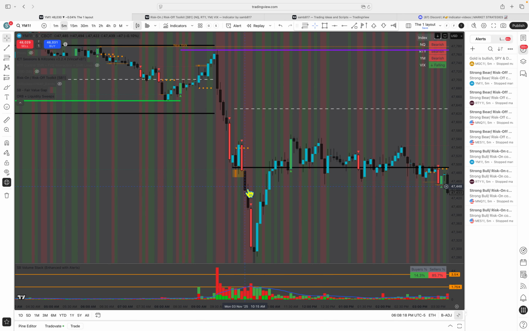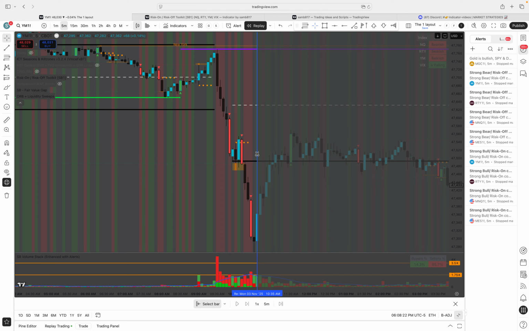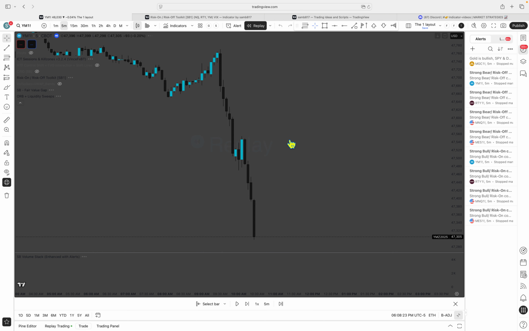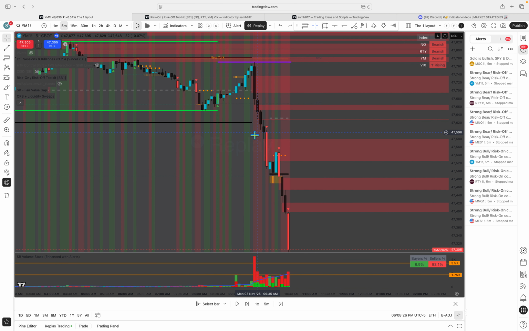At this point in time, in fact, I'll do the replay mode just so you can see it right here. In replay mode, what do we see? We see NQ is bearish, RTY is bearish, YM is bearish, and the VIX is rising. It will be highlighted in red, but the thing is that you want to see the VIX rising while everything else is red.